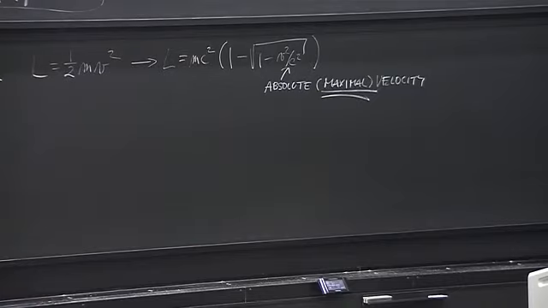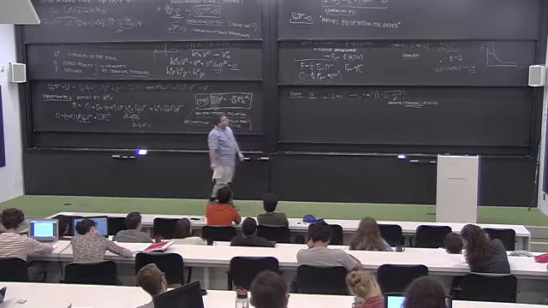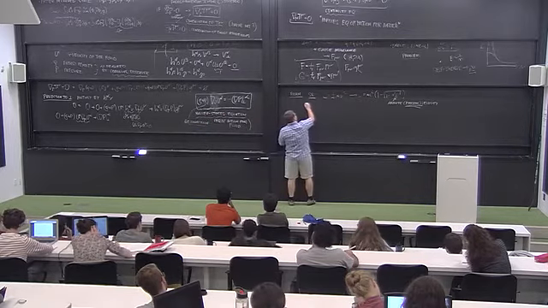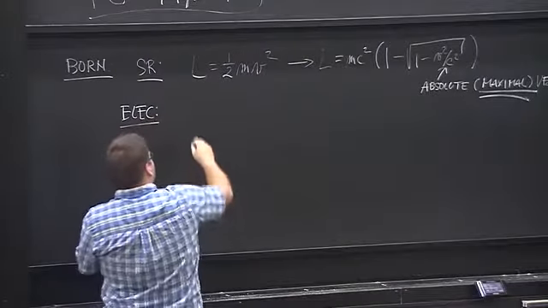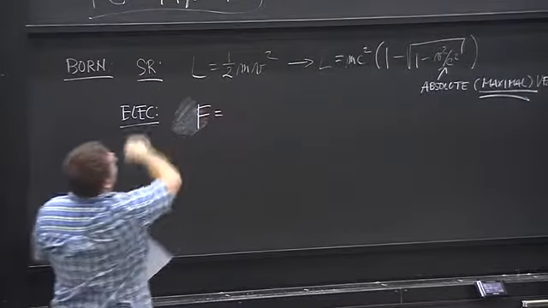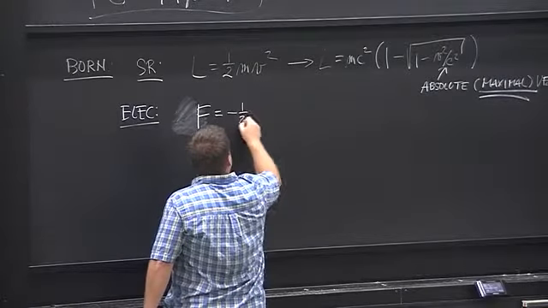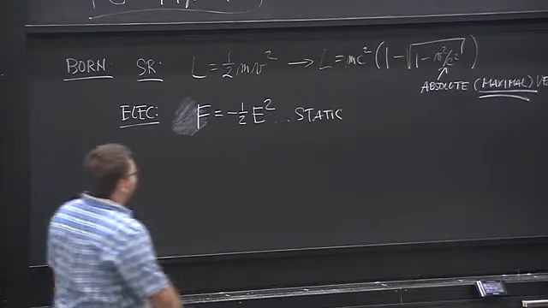Well, very good. So let's do the same thing for electromagnetism. My Maxwell theory tells me at r equal to 0 I have an infinite electric field. Let's try to make it finite. So this invariant F is something like 1/2 (E square minus B square), so in the static limit it is just minus 1/2 E square.